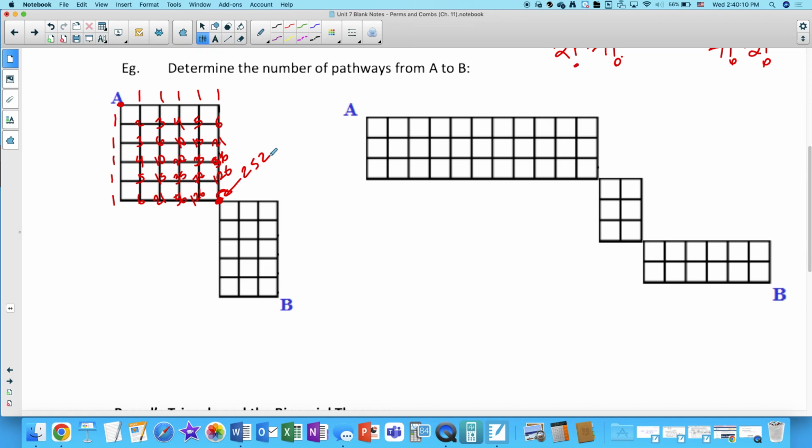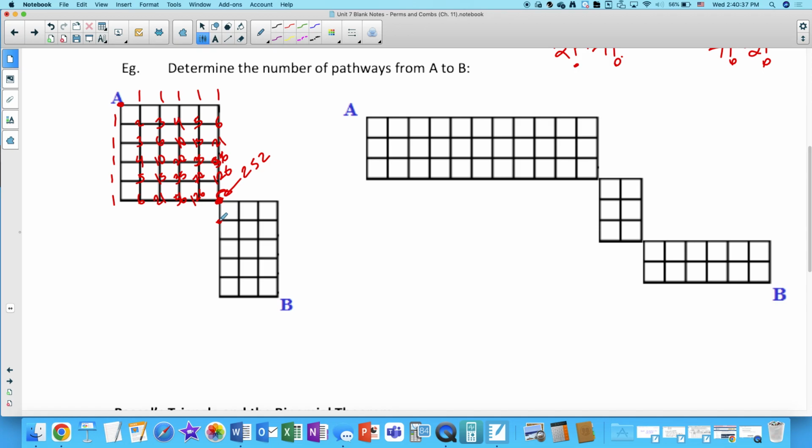Okay? Now, once you get to C, I'm not actually going to fill out this entire grid because what you'll see is the numbers get very large. But once you get to C, there's 252 ways to get to here. How many ways are there to get to that point?